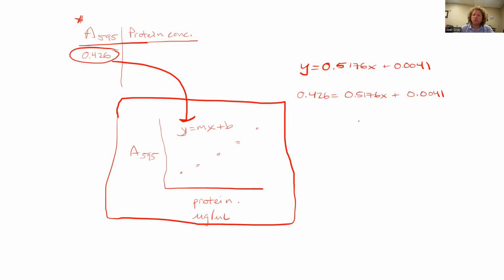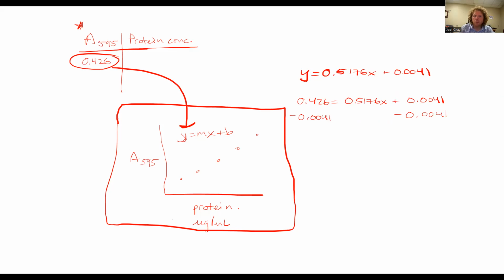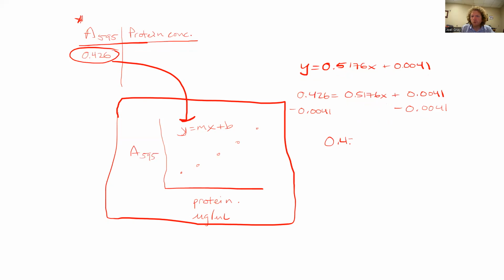So I'll subtract my 0.0041 from both sides, and that gets me 0.426 minus 0.0041, which is 0.4219, equals 0.5176x.